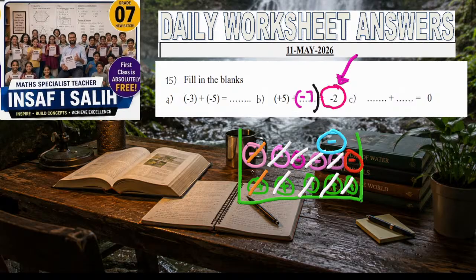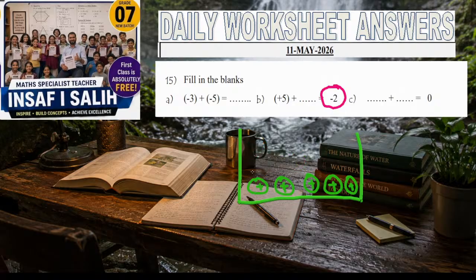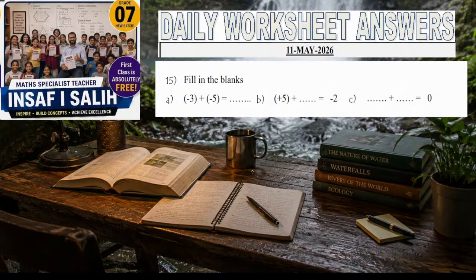Now let's look at question C. Two numbers are getting added and the answer is 0. So if you have to get an answer of 0 when numbers are added, it can't be numbers of the same sign.